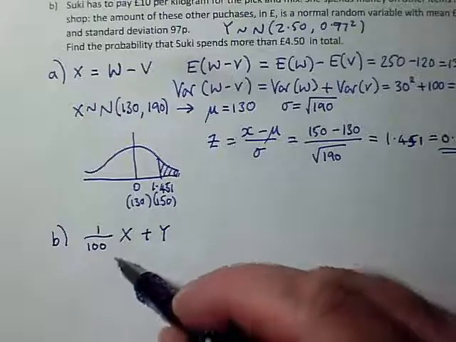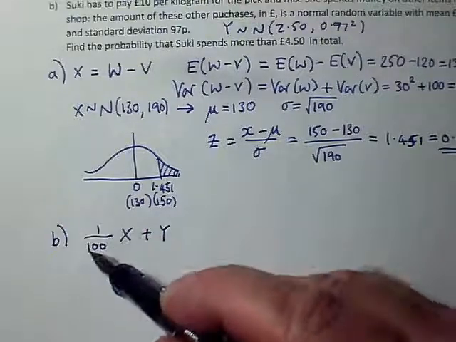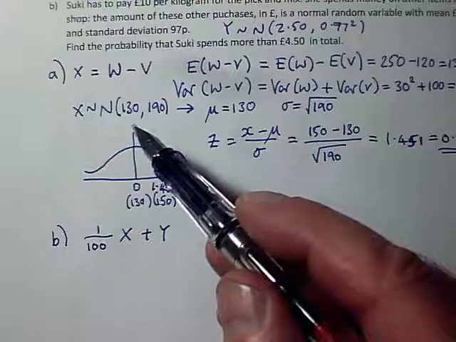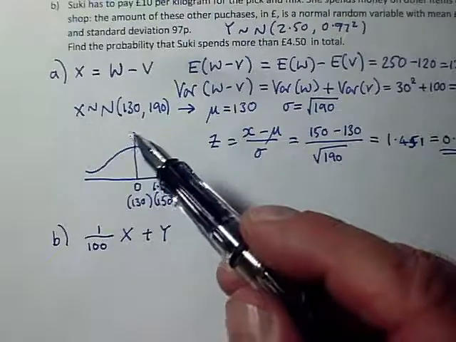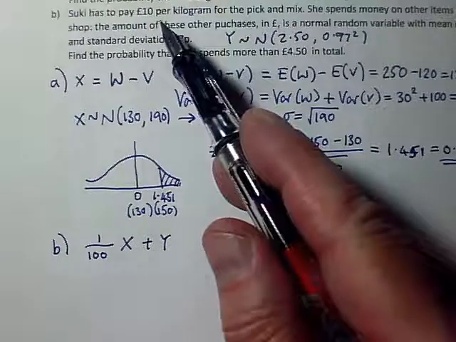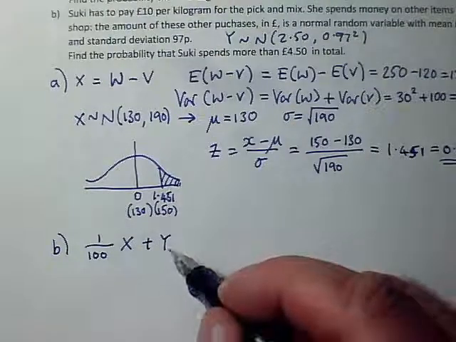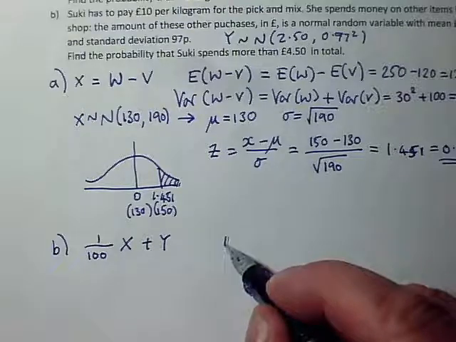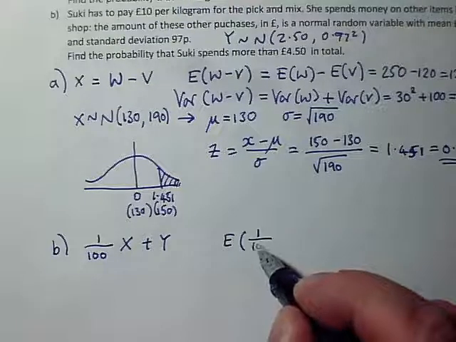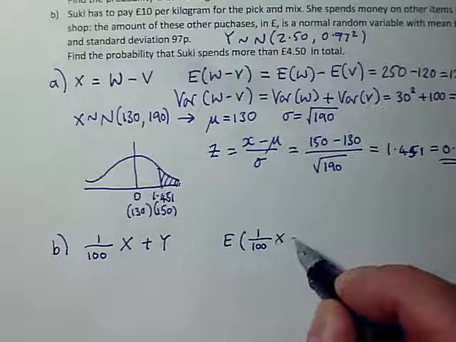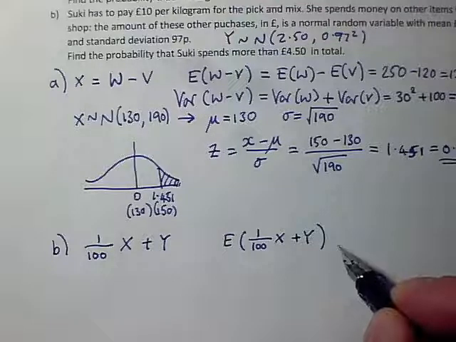So that's a random variable. This is the cost of the X grams of sweets. So I've divided by 1,000 and multiplied by £10 because it's £10 a kilogram. And then I'm going to add on the Y. So I need the expectation of that. So the expectation of 100th X plus Y, that one's straightforward.